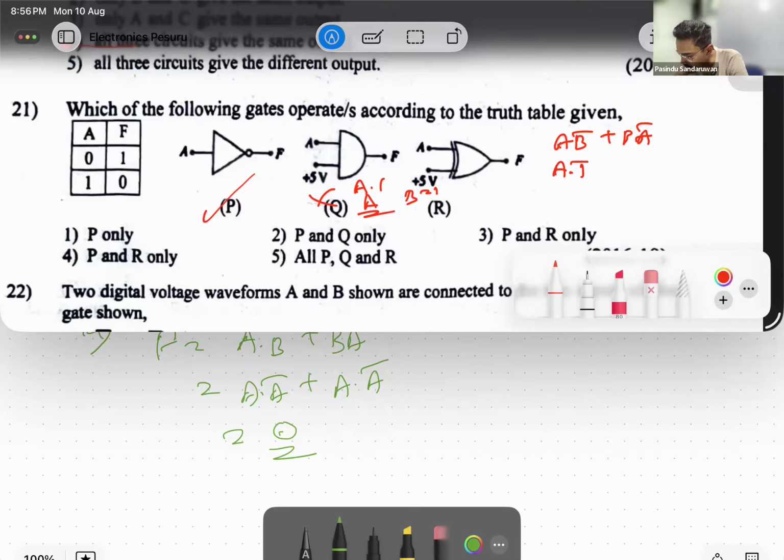A dot 1 bar plus B means 1, no? Then B is 1 dot A bar. 1 bar is 0, so this term becomes 0. 1 dot A bar is A bar. Then A bar comes. Then R is also correct. So the answer is P and R.